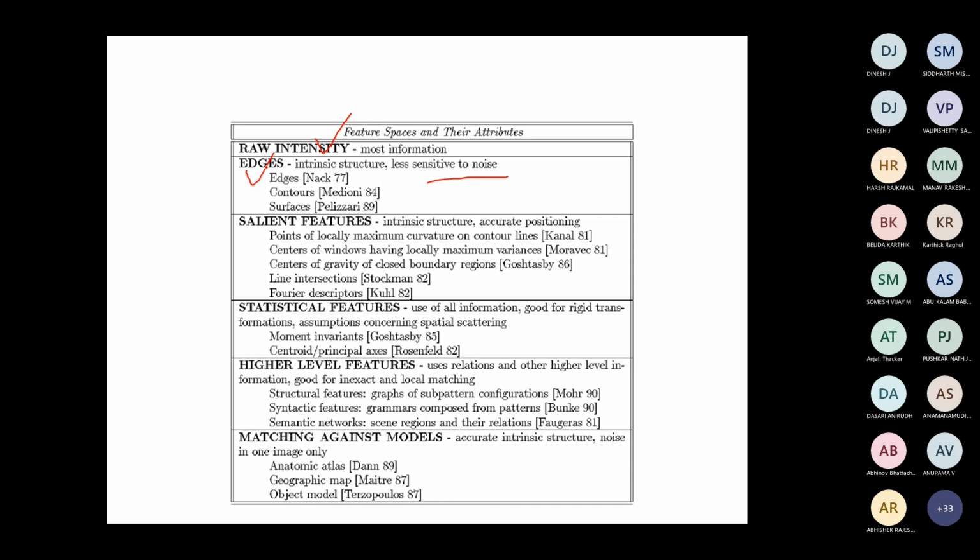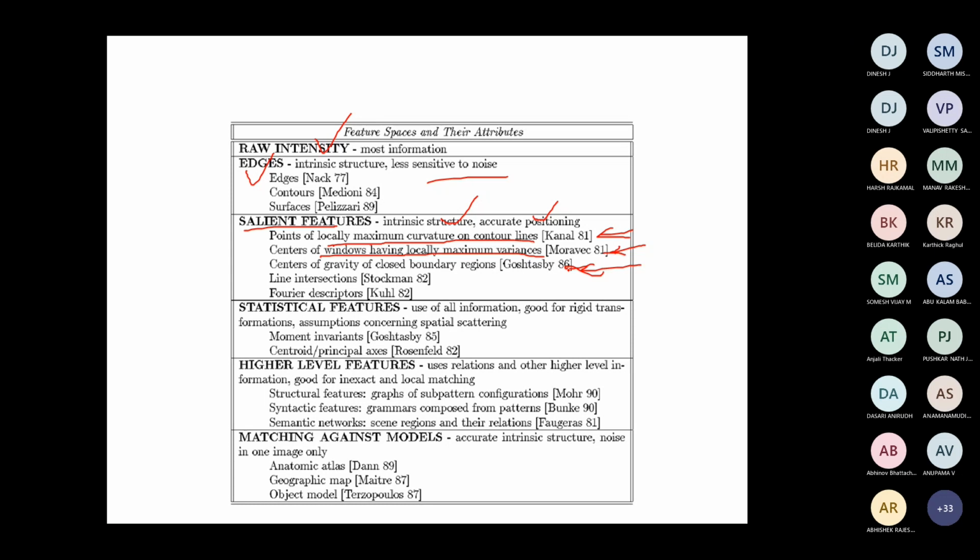Then salient features can be intrinsic structure with accurate positioning: points of locally maximum curvature, lines of locally maximum curvature, and centers of windows having locally maximum variances. All references are given here, and if you want more detail, you can go and search.